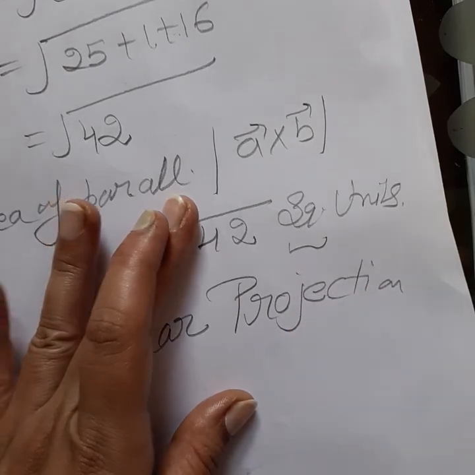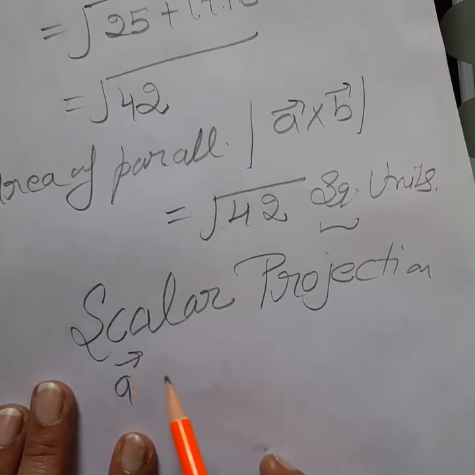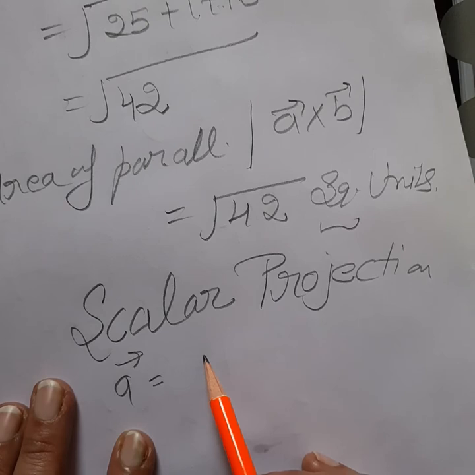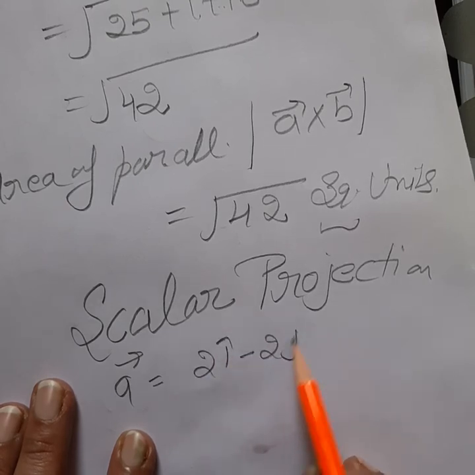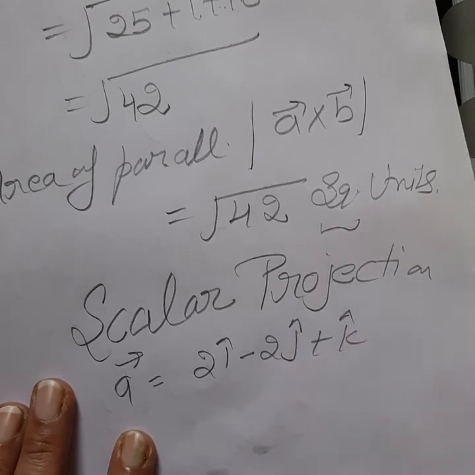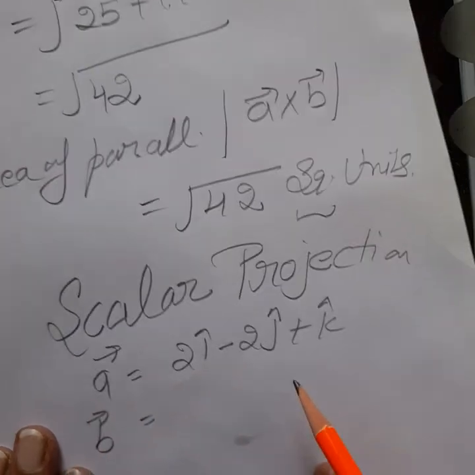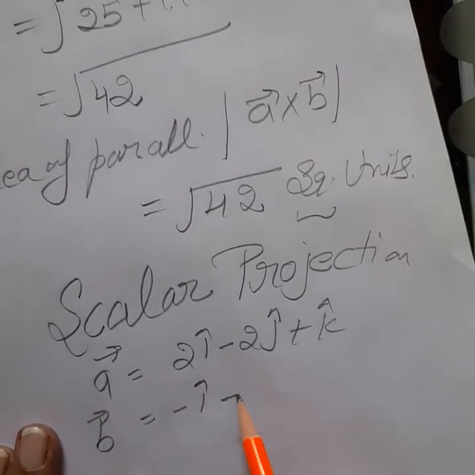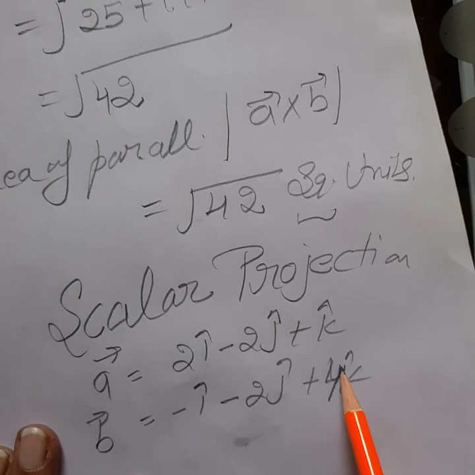Okay, scalar projection. First of all, we take our example and write here a as a vector is equal to 2i minus 2j plus k. You can take any example. And we take the vector b as minus i minus 2j plus 4k.